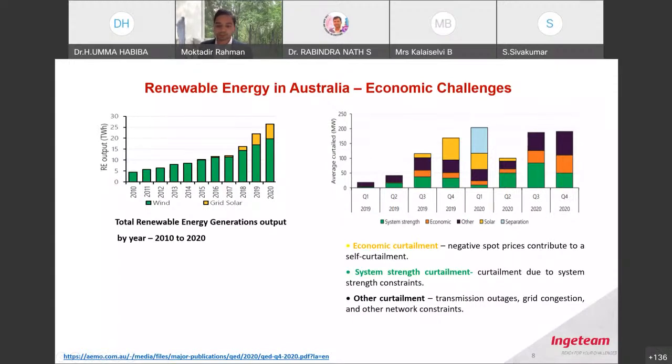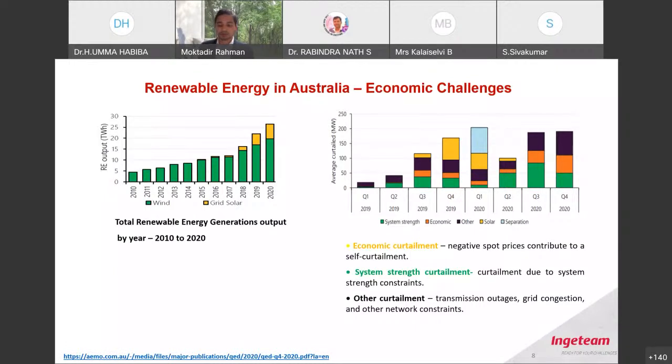There are many reasons: economic curtailment, system strength curtailment, and other curtailment. So basically, you have a solar plant or wind plant where you're forecasting to get revenue, but because of these issues, you are not getting revenue. Actually, you are in an economic loss situation.